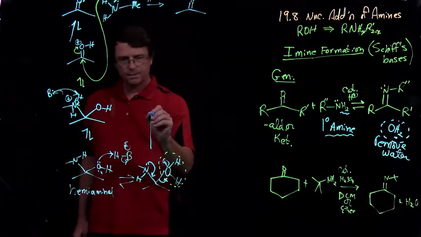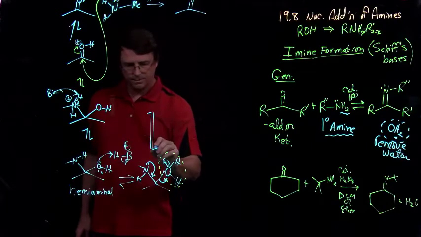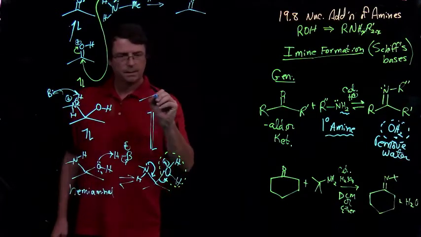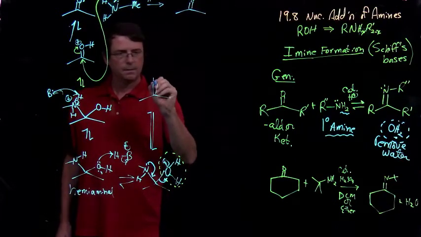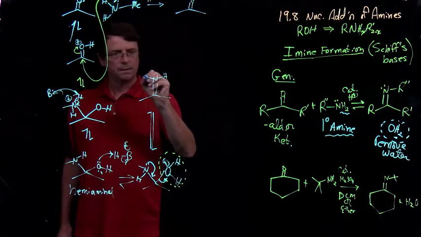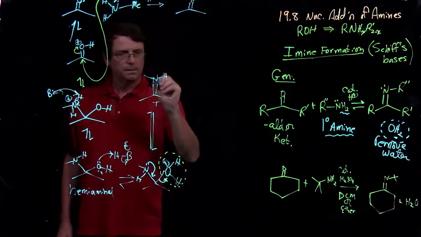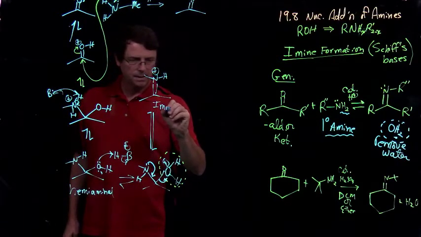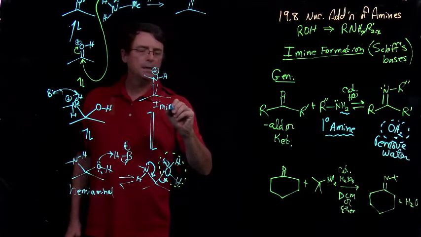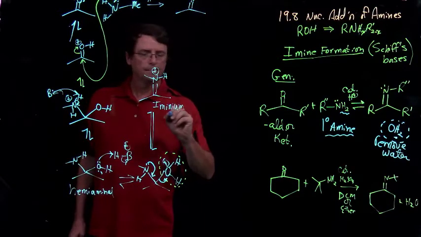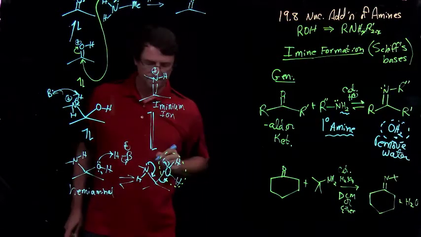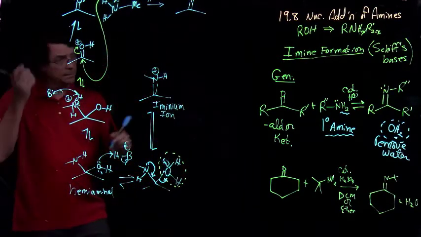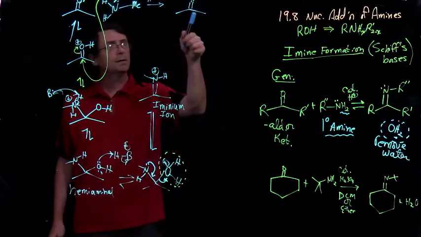This produces, again, in a reversible process, this is now positively charged. This is an iminium ion. Okay, so that's a protonated imine. All right, do you see where we need to go from here to get to there?